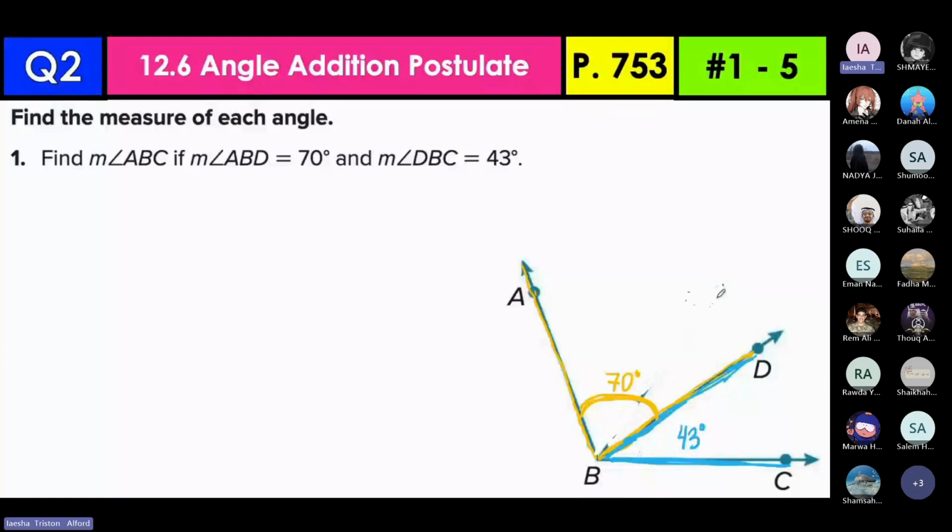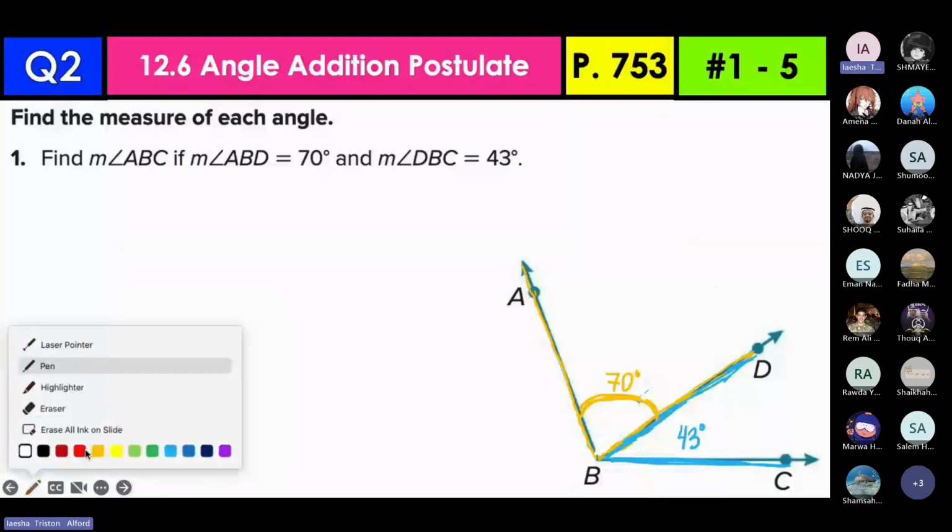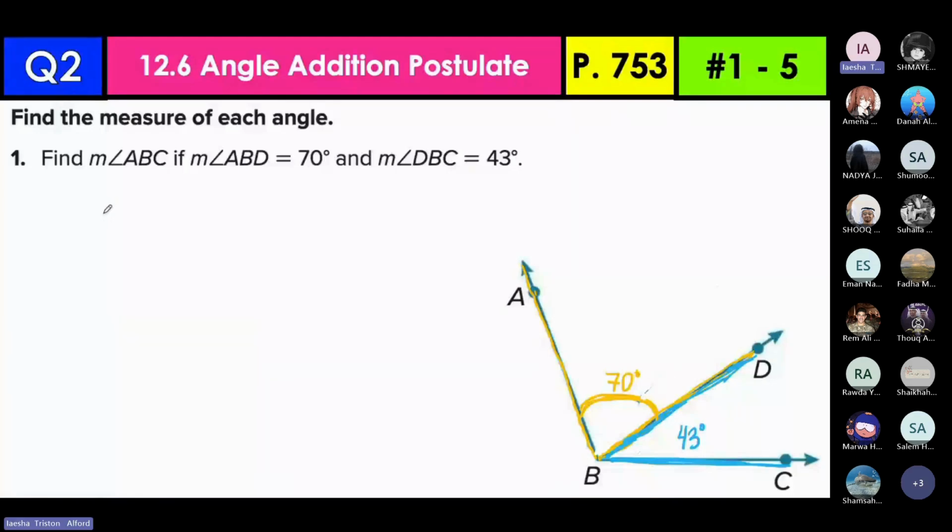Remember what I told you, pictures are going to make everything better. And if you draw a good picture, your answer is much more likely to be correct. So for this one, it's just parts plus parts equal whole. So 70 plus 43 is equal to 113 degrees.